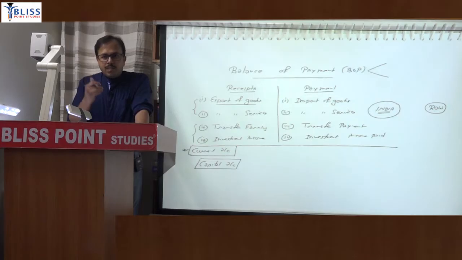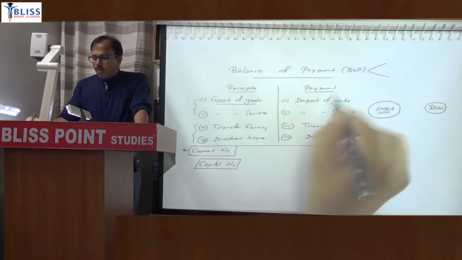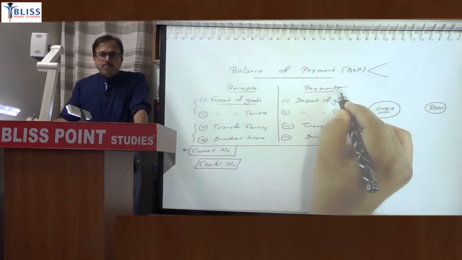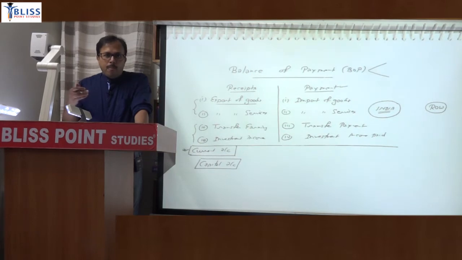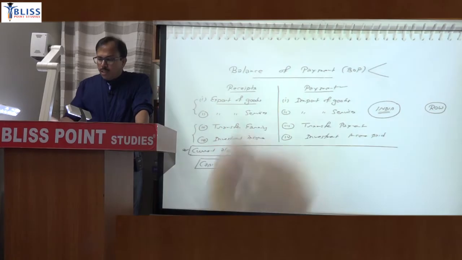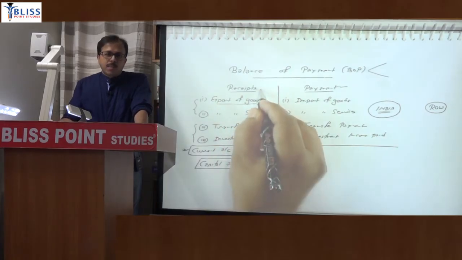When Indian firms make investment outside, money is flowing out, so it will be recorded on the payment side. If Coke is making investment in India, foreign direct investment, money is flowing in, so that will be recorded on the receipt side.